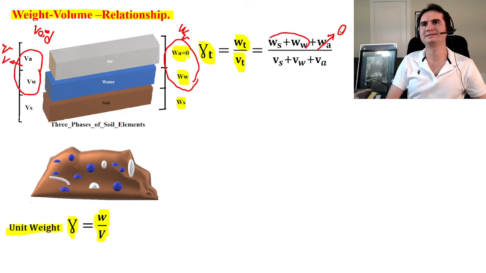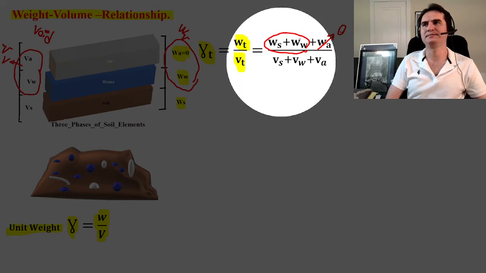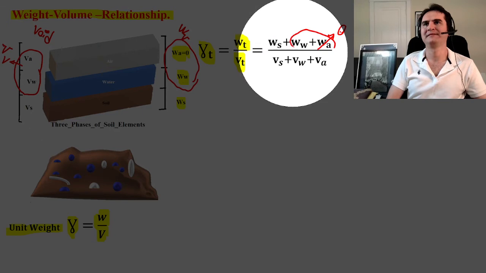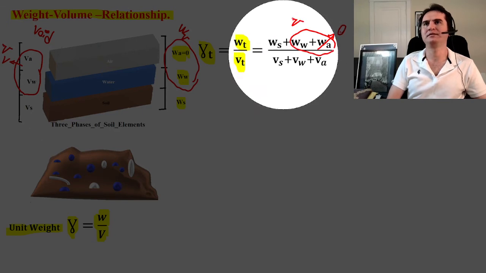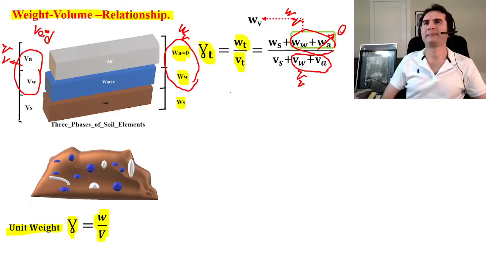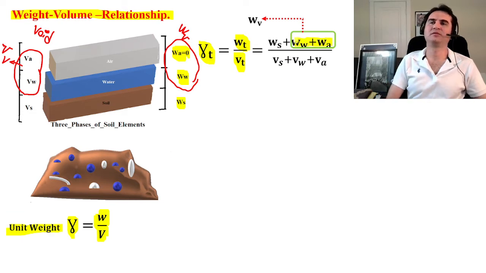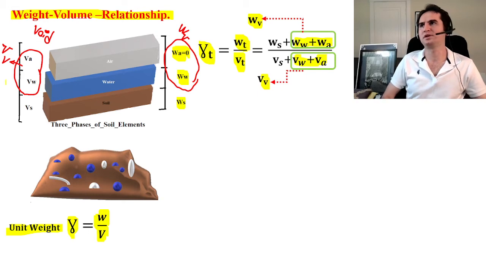So we can say the weight of water plus the weight of air, which is zero, consists of the weight of void, and likewise at the denominator, their volume together is the volume of void, as we talked about.